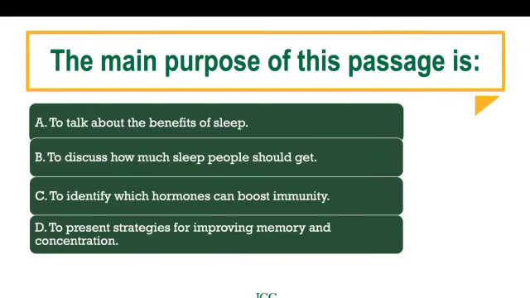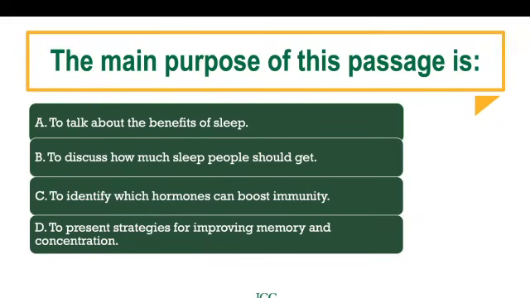So let's look at our different answers that we can choose from. The main purpose of this passage is A, to talk about the benefits of sleep, B, to discuss how much sleep people should get, C, to identify which hormones can boost immunity, or D, to present strategies for improving memory and concentration.